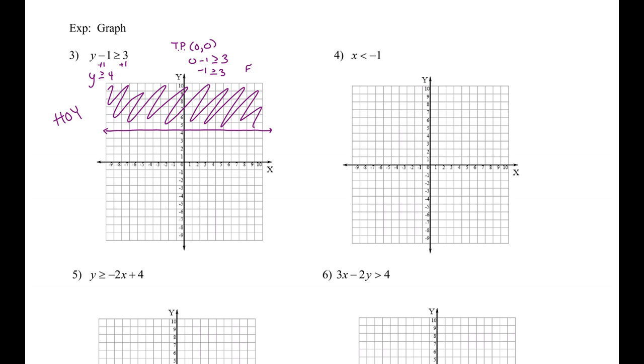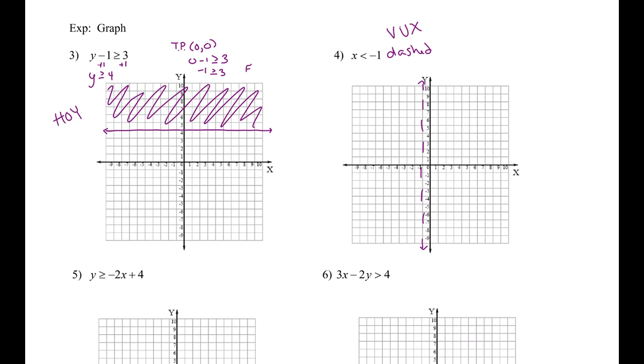Let's look at this again for example number 4. This one is a vertical line, and it's going to be at -1. I also need to note that this is going to be a dashed line. So I have a dashed line at -1.